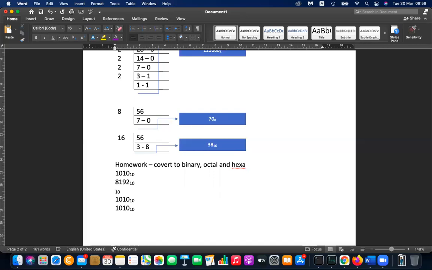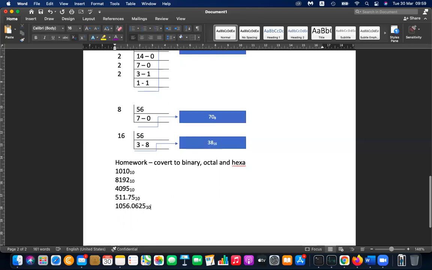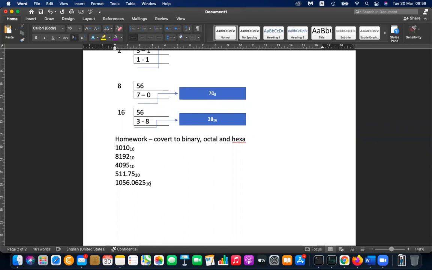Third one, fourth one, and the fifth one. This decimal part you have to think about, because I have not explained how to do that, but just give it a try. This part you have to do as homework.